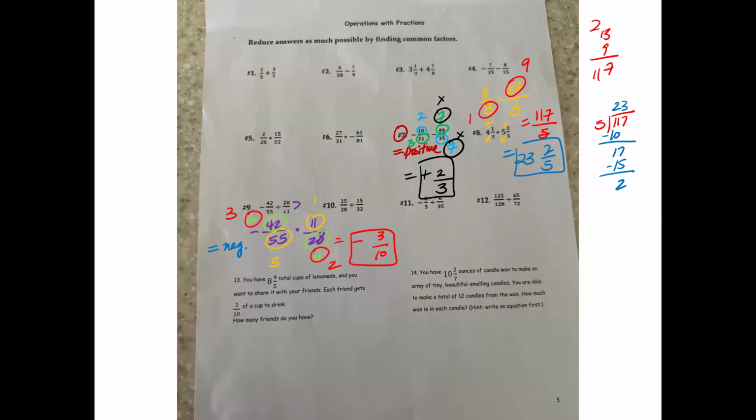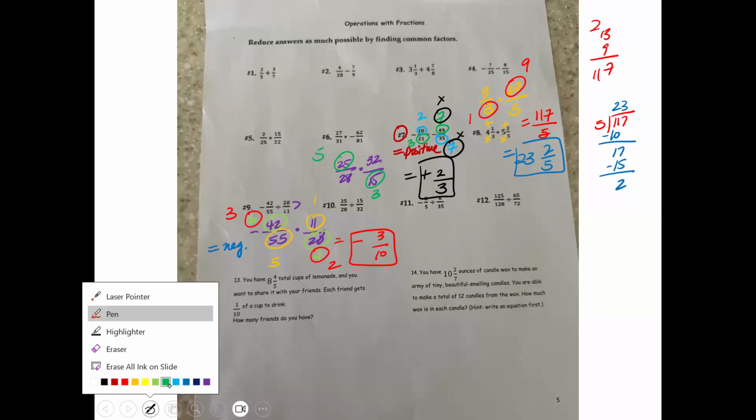Okay, let's take a look at this. All right, so for number 10, times 32 over 15. Now, you know that you can reduce this to a 5 and a 3.